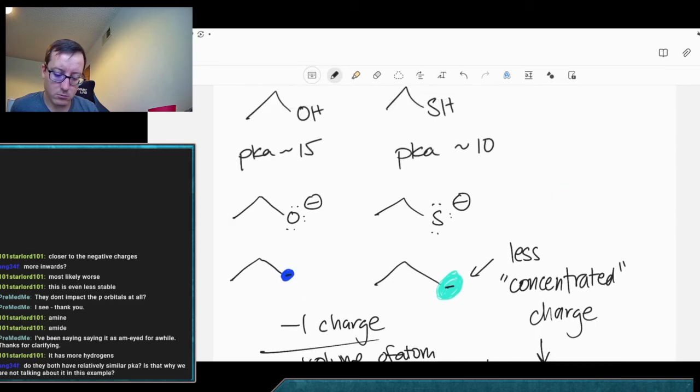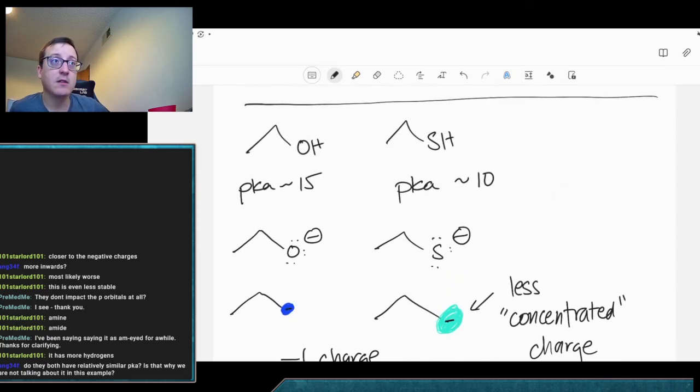Well, if we're looking at it, the sulfur has a pK of 10 versus the oxygen version with a pK of 15. So we're looking at a difference of 100,000. So the sulfur there is 100,000 times more acidic than the oxygen one.